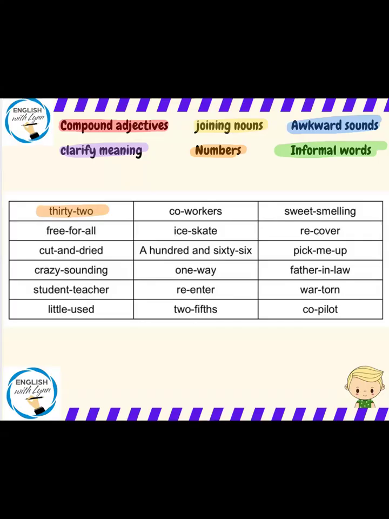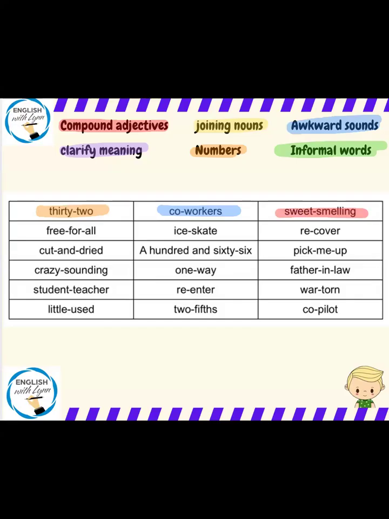So that needs to go in your awkward sounds box. Then if something is sweet smelling, think about how it's made up. Sweet is the adjective, smelling is the ing word or the present participle. So that one, it is because we are using a compound adjective.